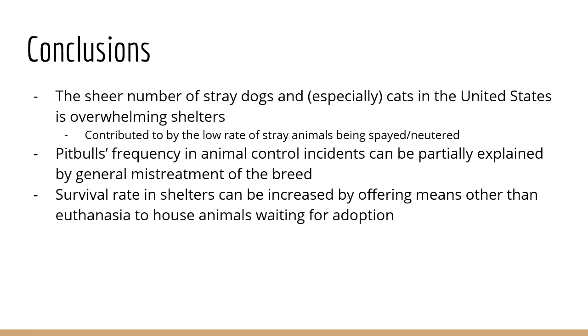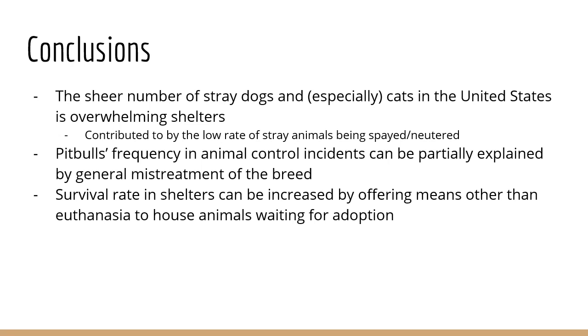Additionally, the pit bull's alarmingly high frequency in animal control incidents can be partially explained by general mistreatment of the breed. Often these dogs are bred to be aggressive or taught to be aggressive for the sake of intimidation or defense, and then these dogs no longer are able to live in a family home or live in a shelter safely, so they're often brought in and euthanized.